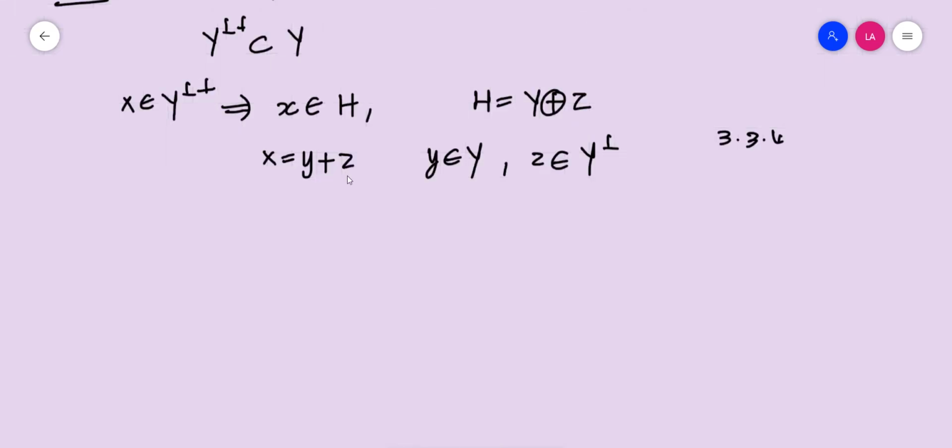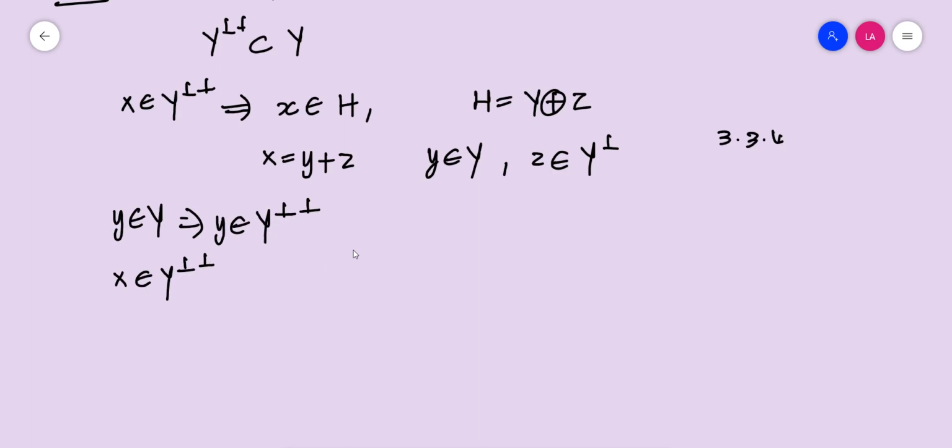we need to prove that this X is an element of Y. That's what we need. So since we have already established that Y is a subset of Y perpendicular perpendicular, Y element of Y implies Y element of Y perpendicular perpendicular. We have already proved that X is an element of Y perpendicular perpendicular as well.